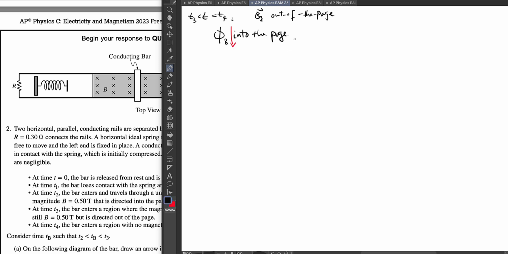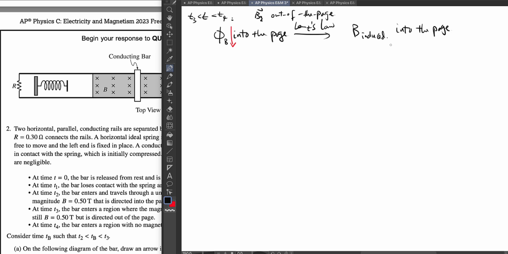So according to Lenz's law, the induced magnetic field will oppose this change, right? So the B induced is into the page to oppose the decrease of the flux.